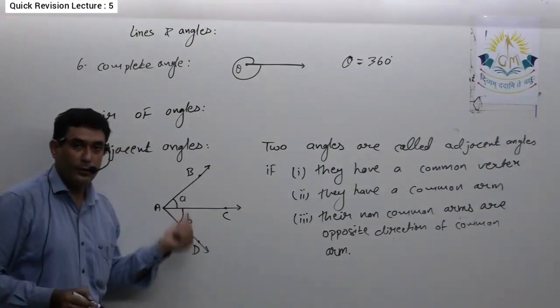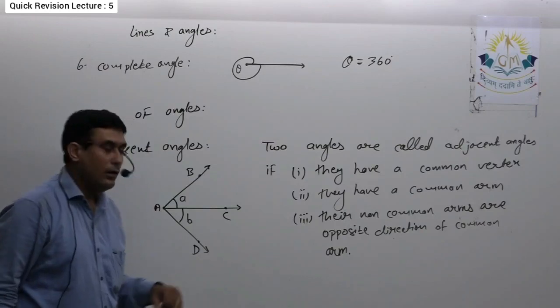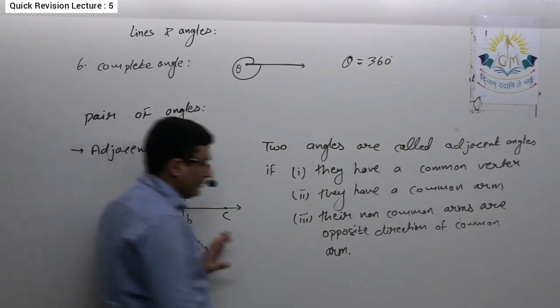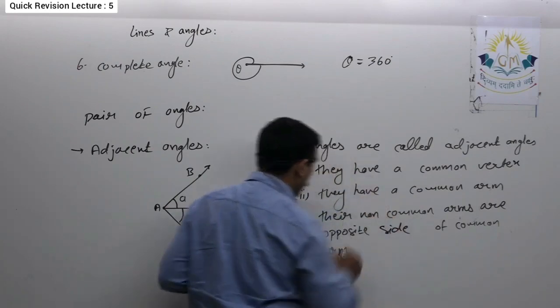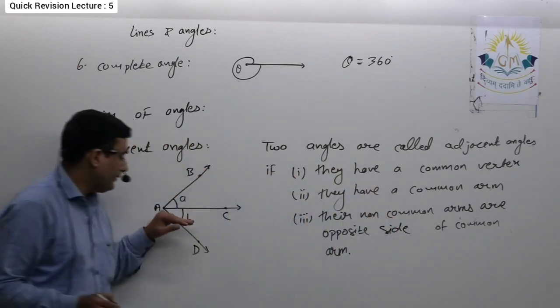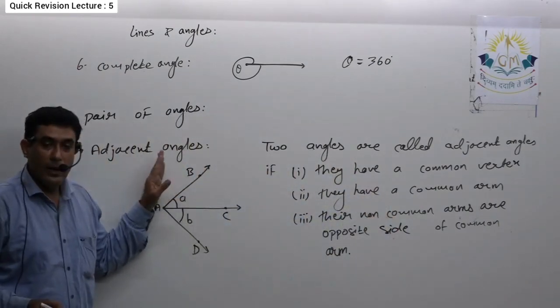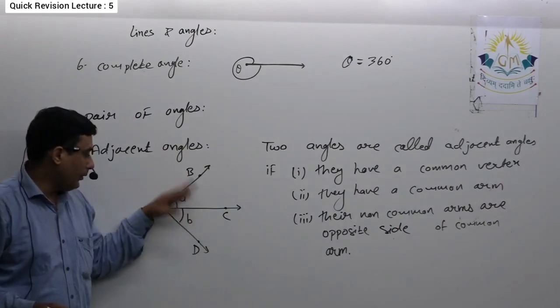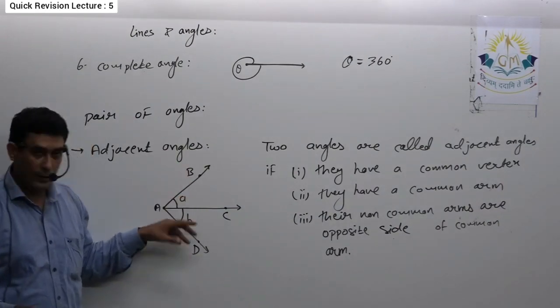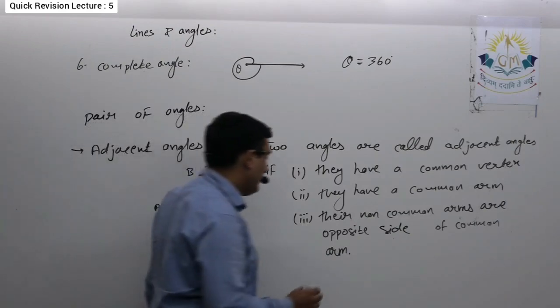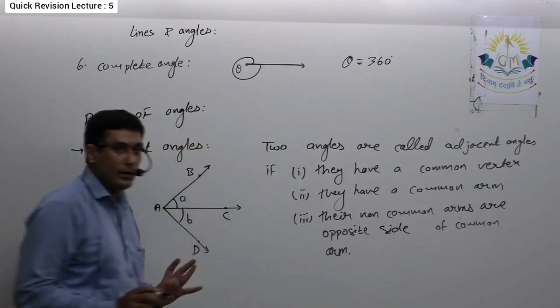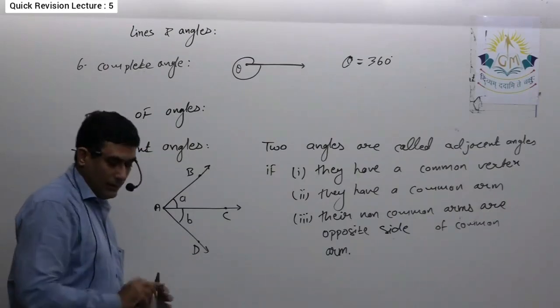They must be on the opposite side of the common arm. Better to write opposite side rather than opposite direction. That means AB is above AC and AD is below AC. So non-common arms are on opposite sides. So here we can say these two angles are adjacent angles.